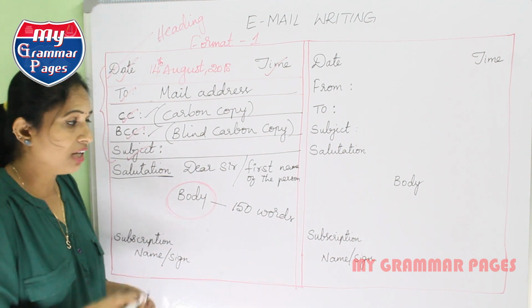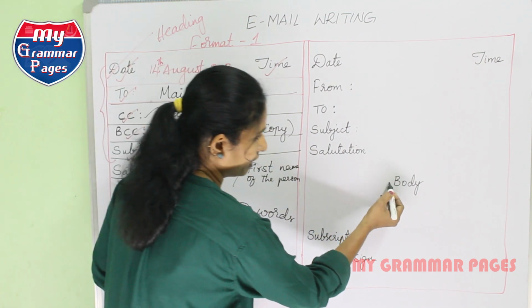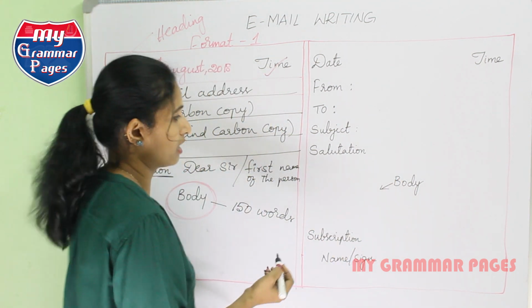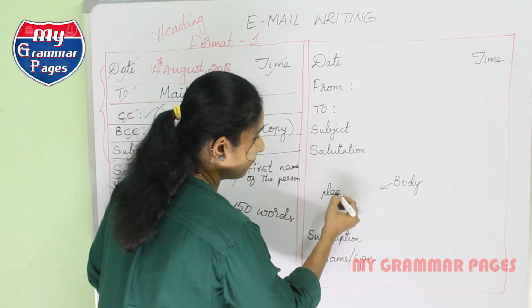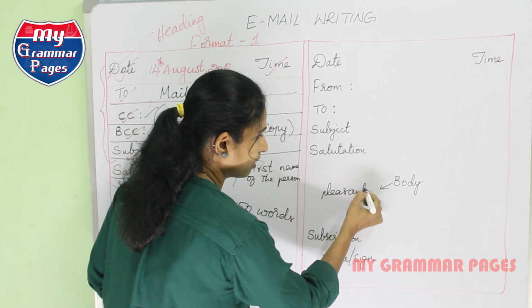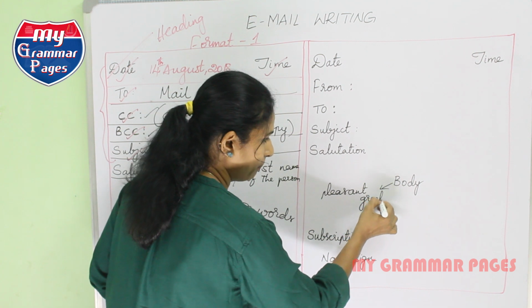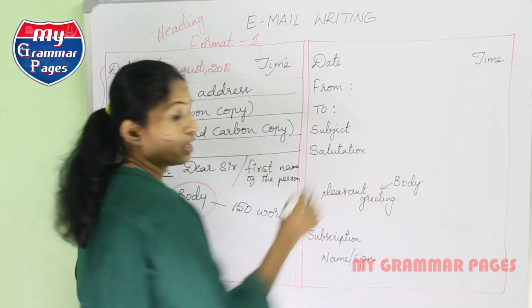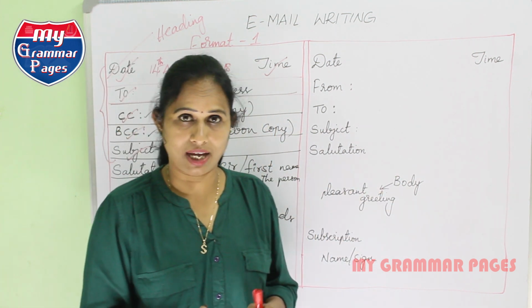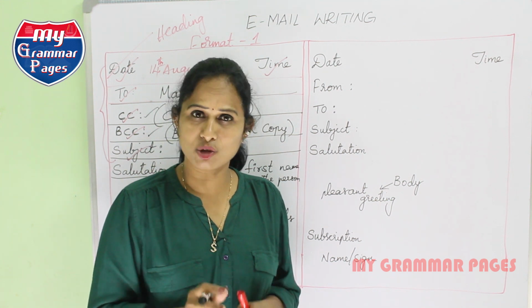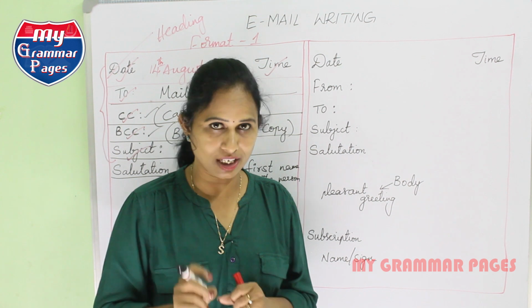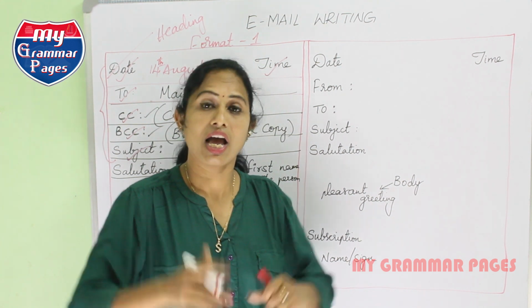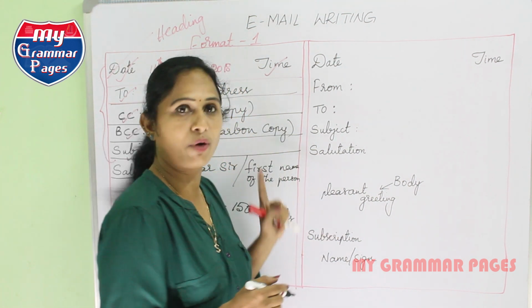And when you are writing the body, begin with a pleasant greeting. Suppose you are receiving a reply from the opposite person, make sure that you write, thanks for your message, or I received your information, or received your message, and then you start writing the body.